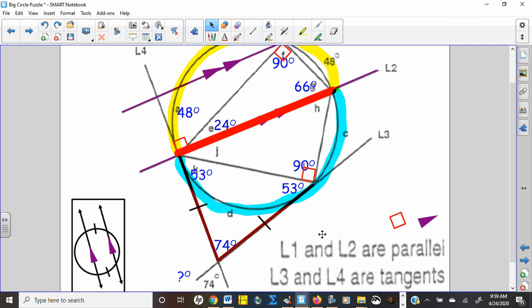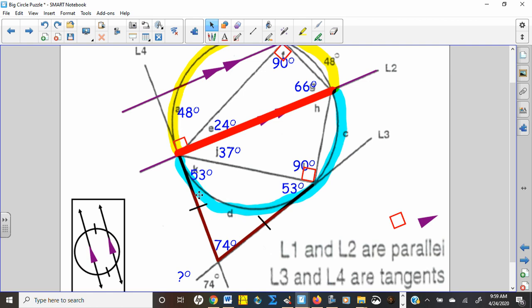And now you're almost done, because of the tangent property here, I know that this has to be a right angle, and I could do 90 minus 53 to get J here. I could have also got J a different way, but let's go with that for now.